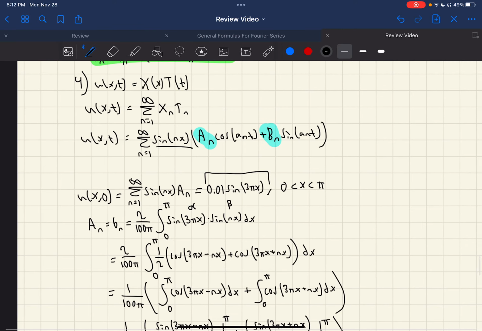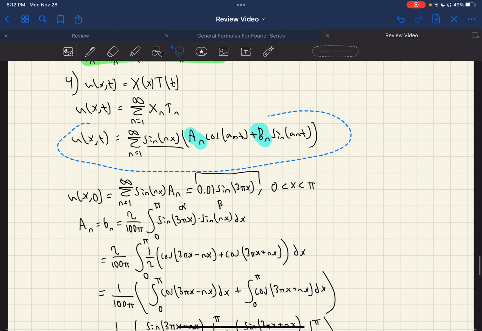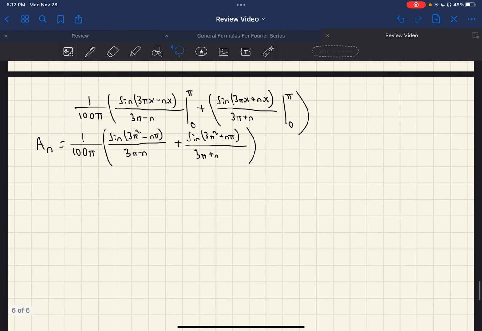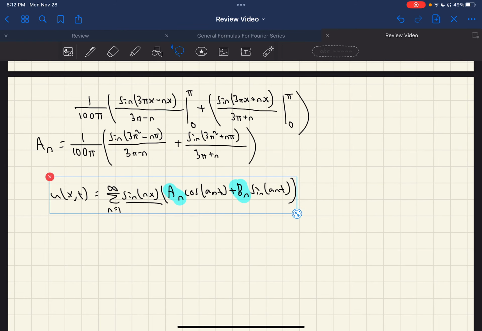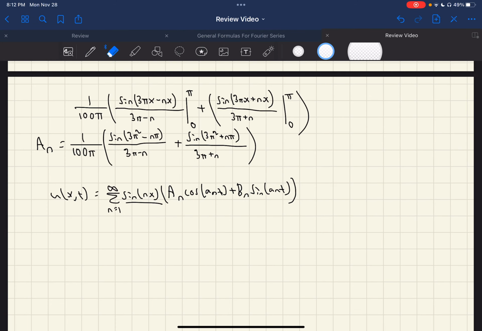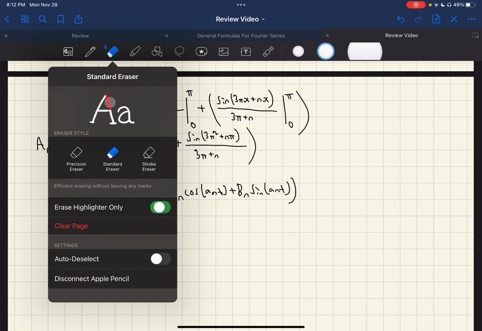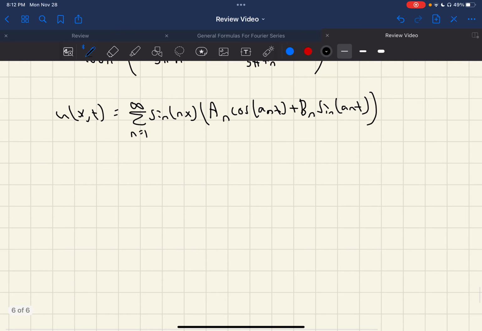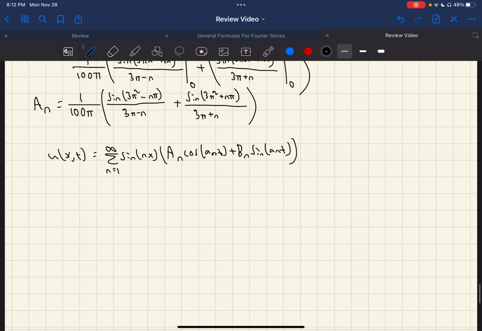To figure that out, let's backtrack to this series we found earlier. What it says is that the partial derivative with respect to t at t equals 0 is 0.